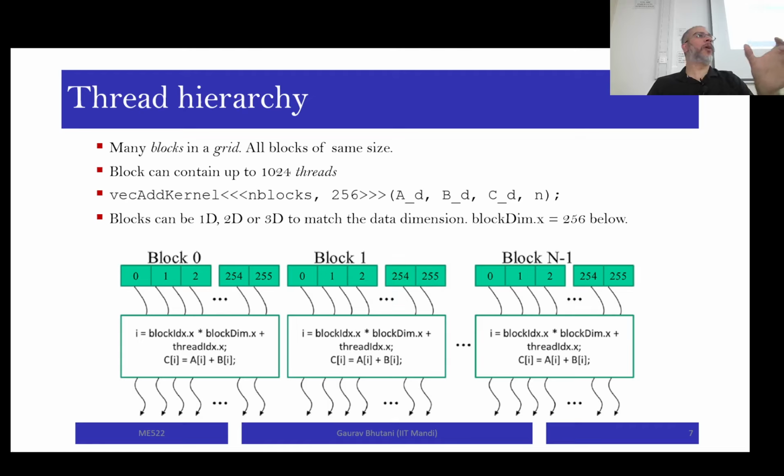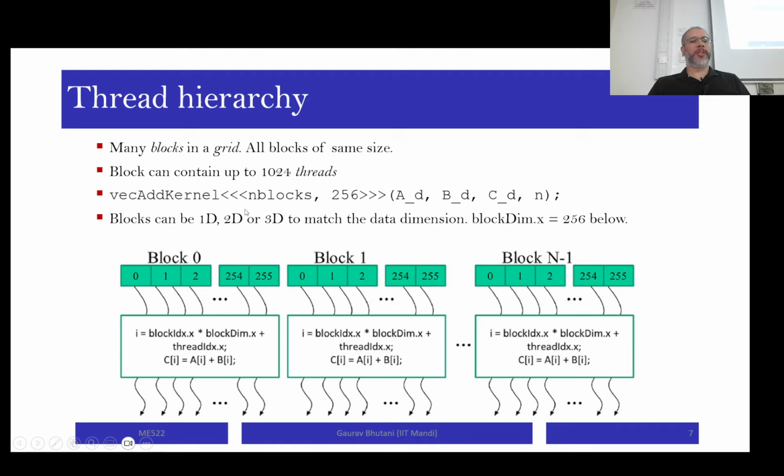That function call is this vecAdd kernel, and it is very similar to a standard function call in any programming language, except that you have these three angle brackets with n blocks and n threads. You have to specify the number of blocks you want to launch and the number of threads per block. In this case 256 is the number of threads per block that you want to launch, and you cannot go beyond 1024 as of now.